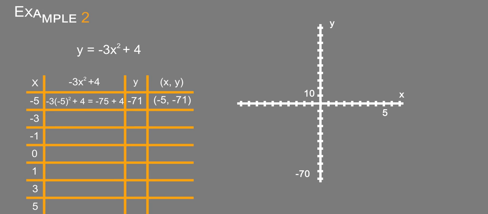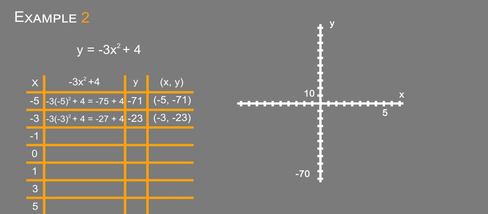With negative 3, we have negative 3 times negative 3 squared plus 4, which equals 9 times negative 3 is negative 27 plus 4, which equals negative 23. So negative 3, negative 23.